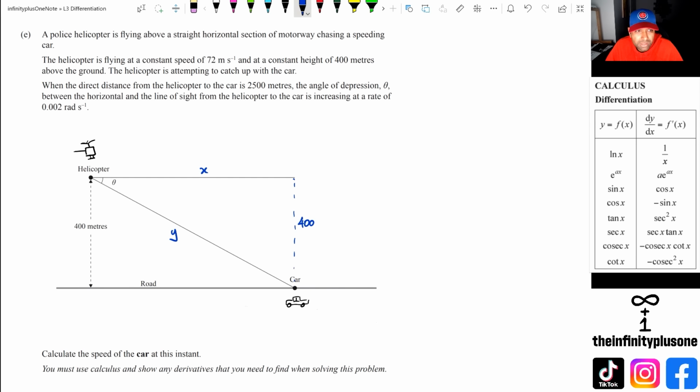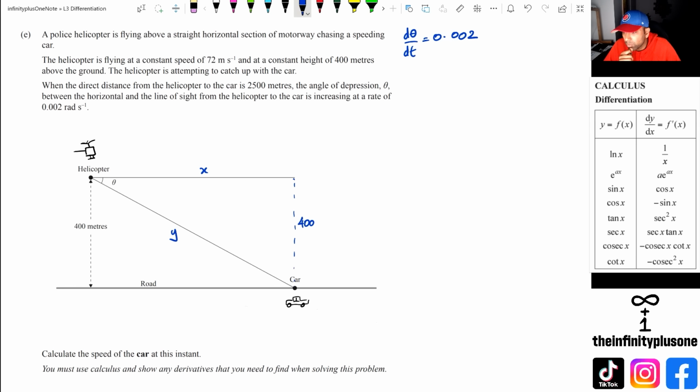Now let's see what we've actually got. When the direct distance from the helicopter to the car is 2,500, the angle of depression is at 0.002. So we can say d theta dt is equal to 0.002. So what we need to figure out is, we've got x and theta, we've got y and theta.